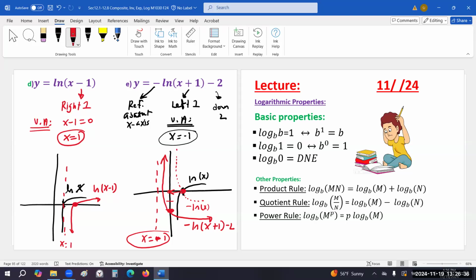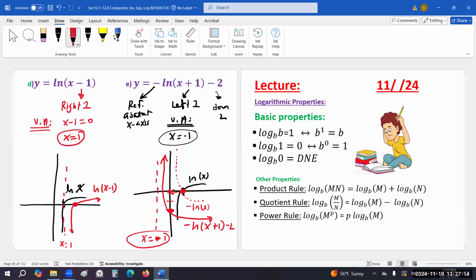Next comes multiplication, division, power properties. If inside the log you're multiplying 2 things, you can distribute your log, but the multiplication turns into an addition. The log of any base and argument that has multiple things multiplying, we can separate each of them by putting their individual log on them.